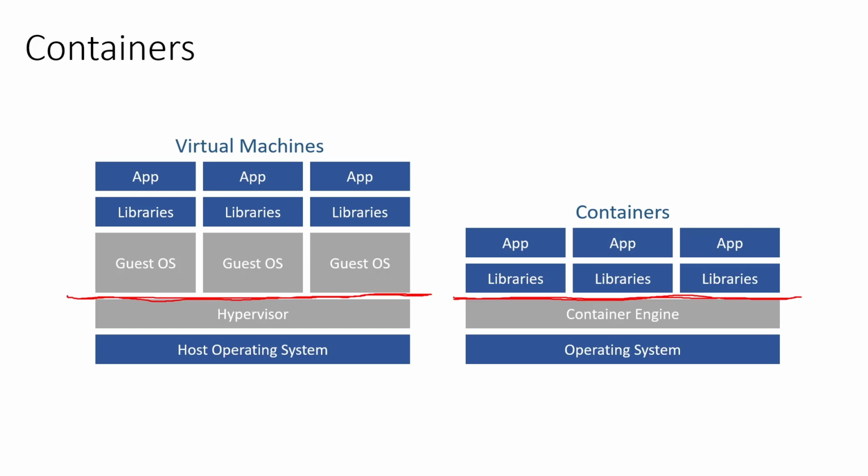So Linux containers have to run on a Linux host. Windows containers have to run on a Windows host. However, if I run an Ubuntu container on a Red Hat host, I can do that. If I run a Red Hat container on an Ubuntu host, the distro of Linux, or really even the version of Linux, is less important at that point.